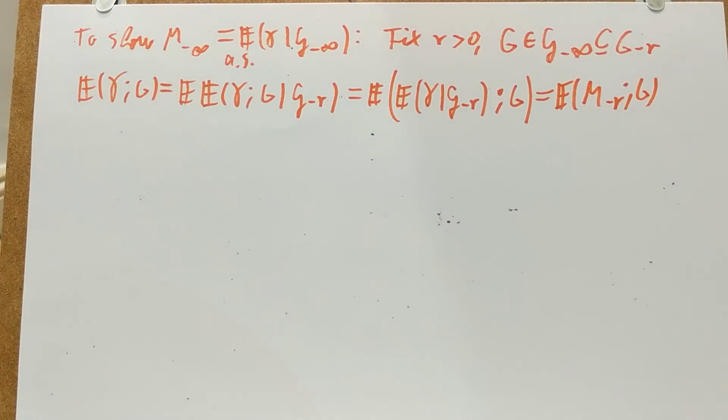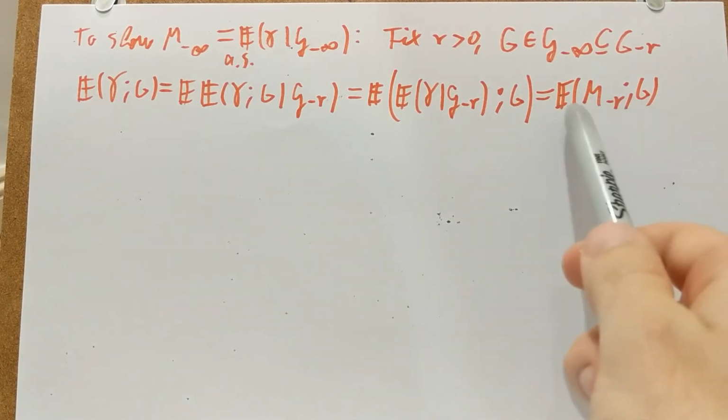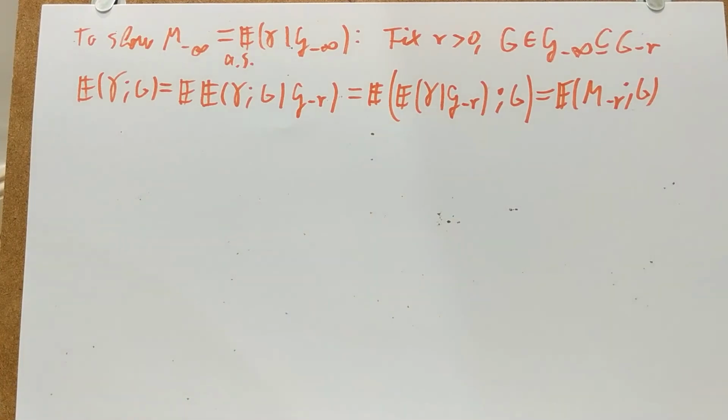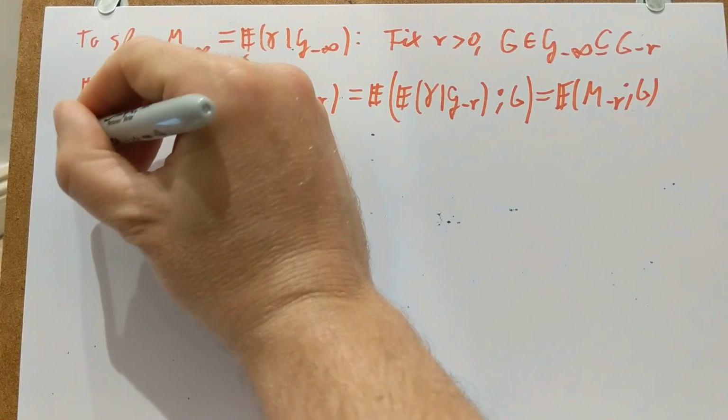So it's the expectation of M_{-r} on G. All right, so that's the first observation, and the second observation, based on this, is that the expectation of M_{-r} on G will be close to M_{-∞} on G. So let's see how that goes.